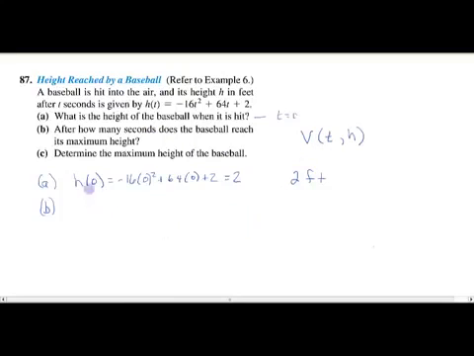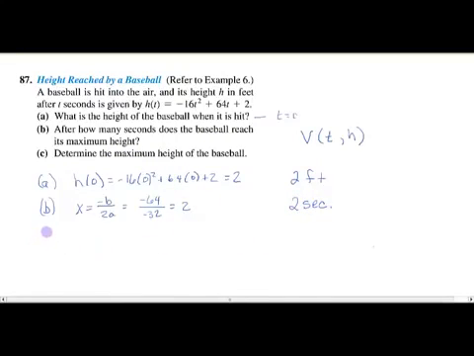And we know to find the x part of the vertex, we use x equals negative b over 2a. That gives me a negative 64 over 2 times a, which is negative 32. So that's a 2. So after how many seconds does the baseball reach its maximum height? 2 seconds.